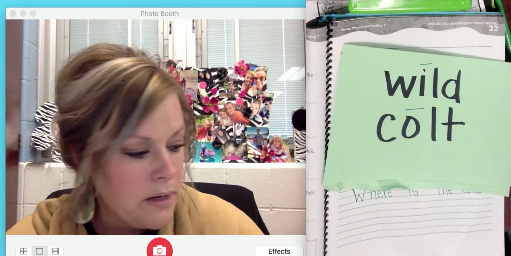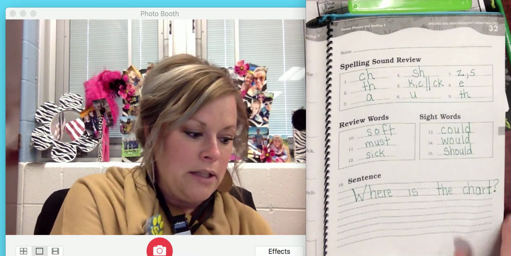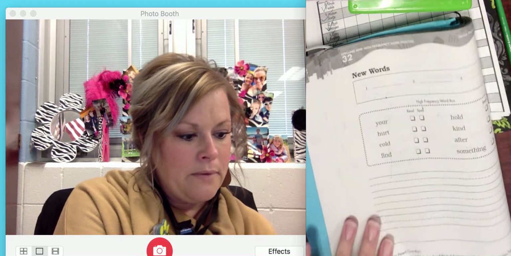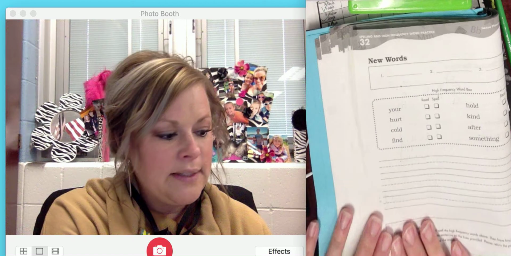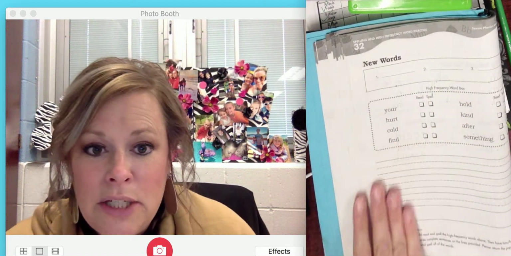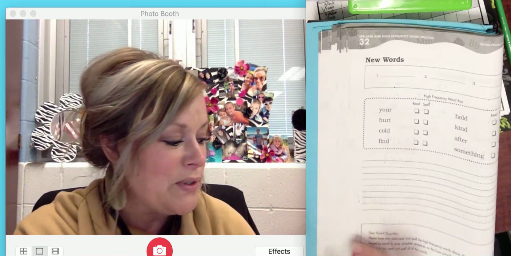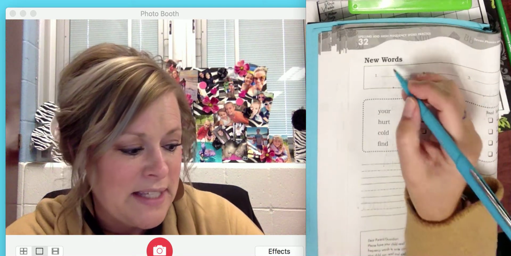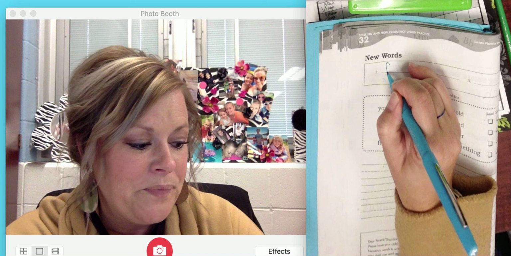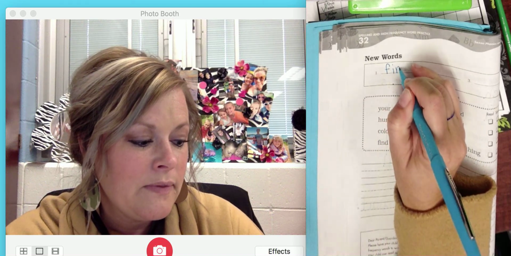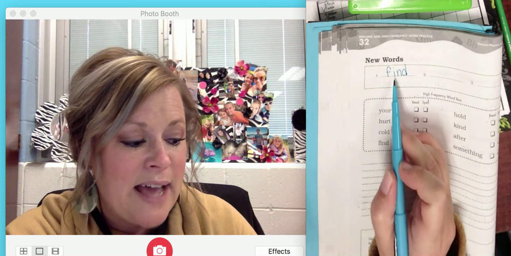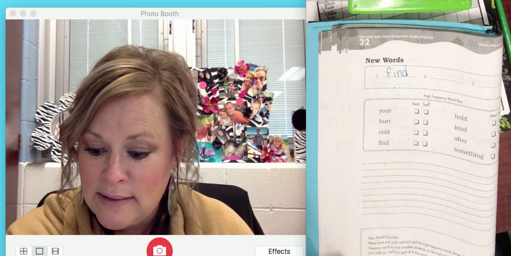All right, we are going to go ahead and take a look at the next page. Okay, and new words. And these new words I'm going to teach you today are wild colt words. So repeat after me. Find. Find. Go ahead and spell it out. Write it on your paper, and you're going to notice it's an I followed by two consonants.